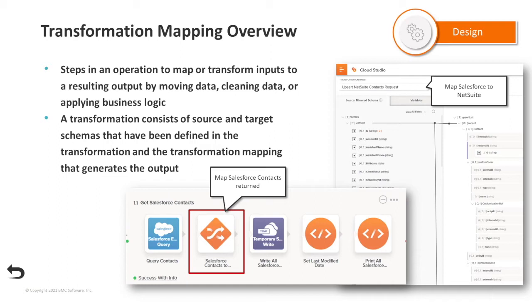Mapping is an important part of integrations. As you know, you are mapping between source and target, and you are processing your data in many different ways. The platform provides a simple UI-based mapping element.